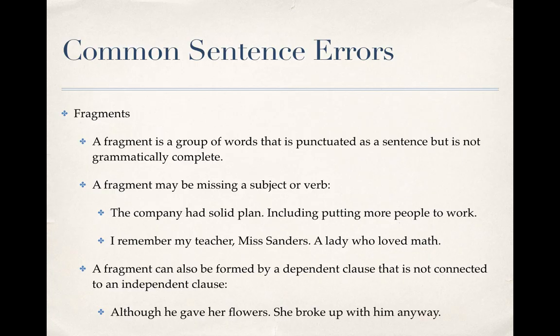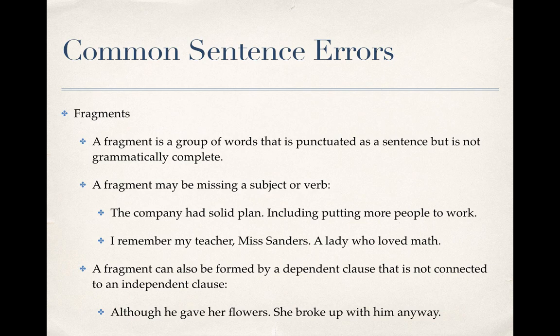That first sentence is actually the culprit here. That is a fragment. Although he gave her flowers, what? There needs to be more to the sentence. The easiest way to correct this one would be to put a comma after the word flowers and then connect that dependent clause to the independent clause, the second sentence.